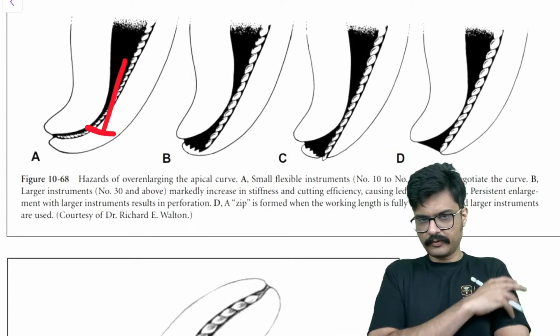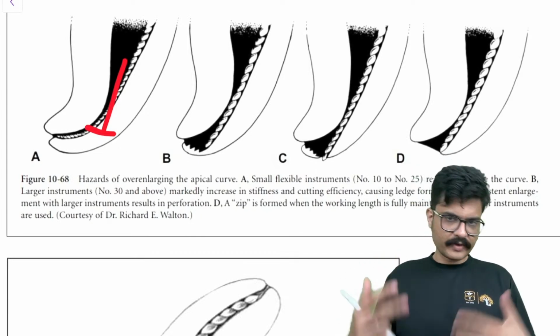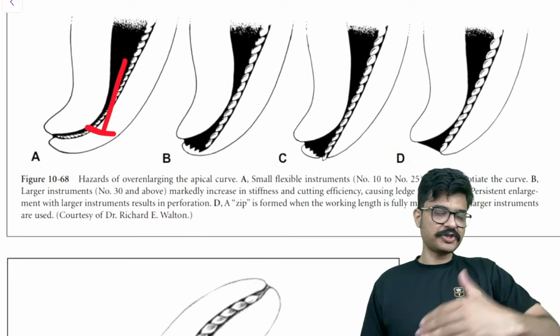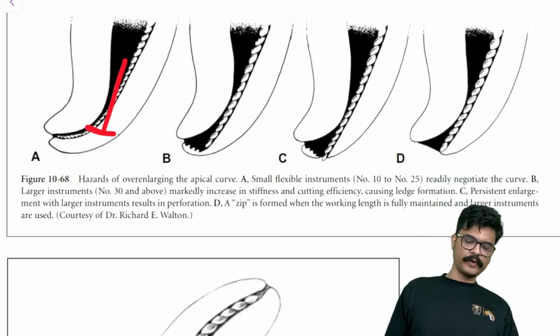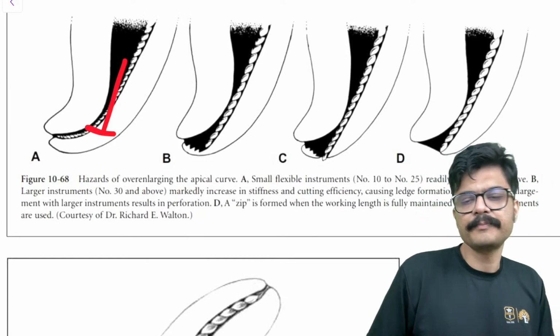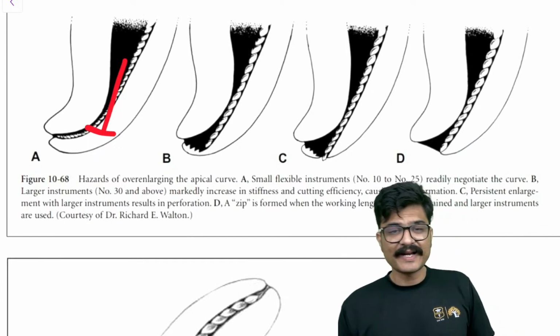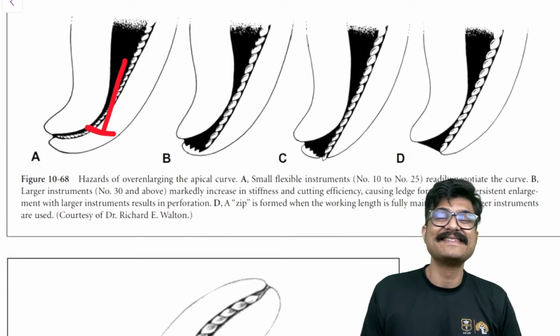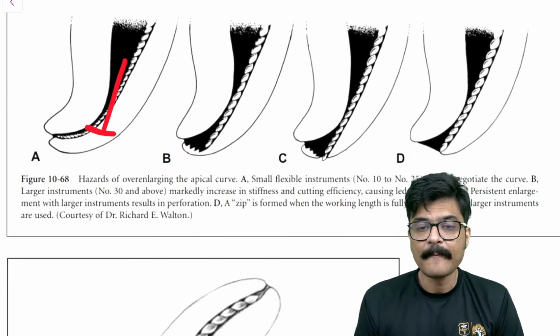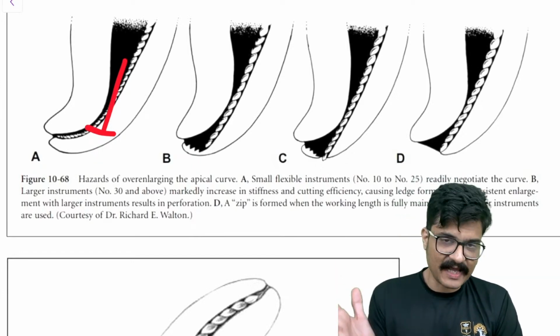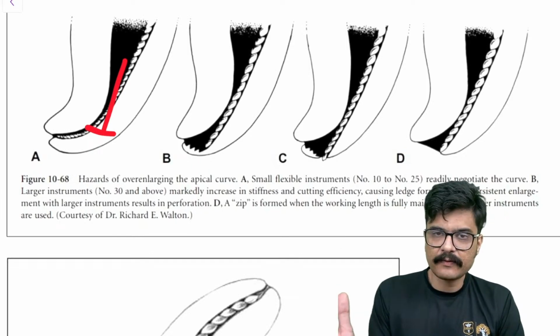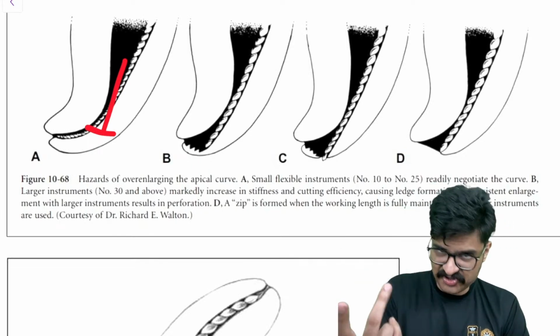If you're over instrumenting, like if you're doing overzealous instrumentation, but you're not short of your working length, then you end up doing a teardrop kind of a perforation of the apical foramen. You basically kind of tear it, and that's known as apical transportation or apical zipping, right? And transportation of the canal short of the working length on the outer curvature is ledge, right?